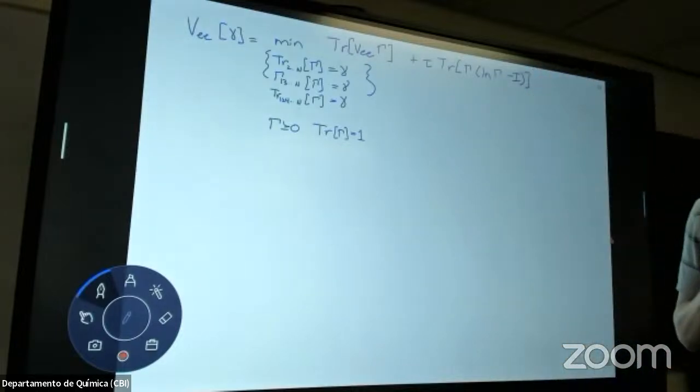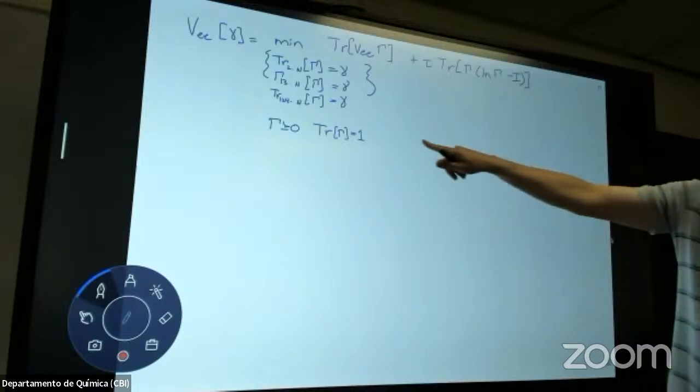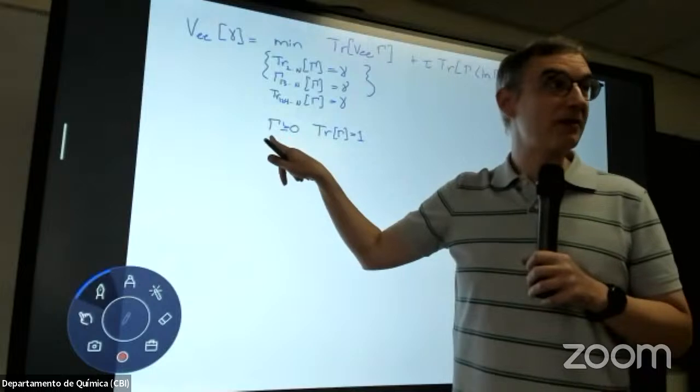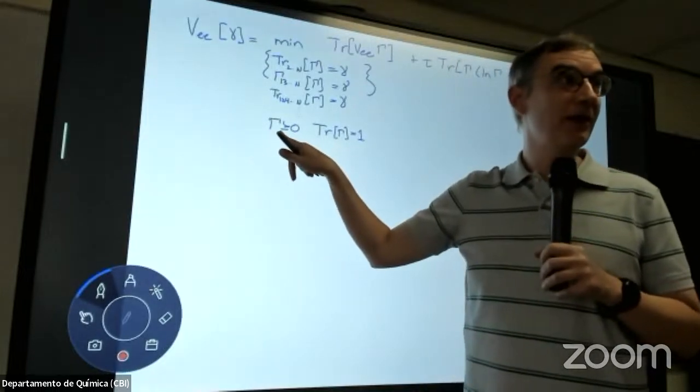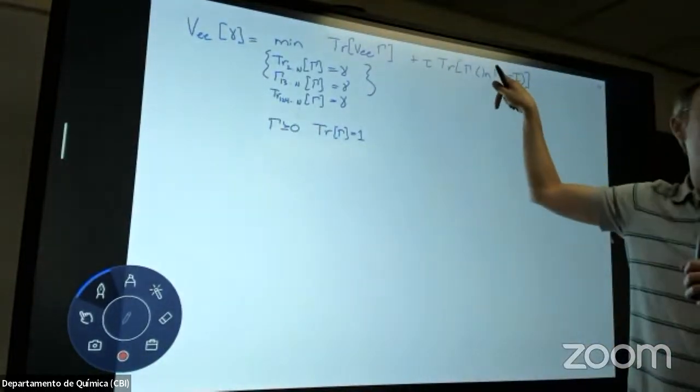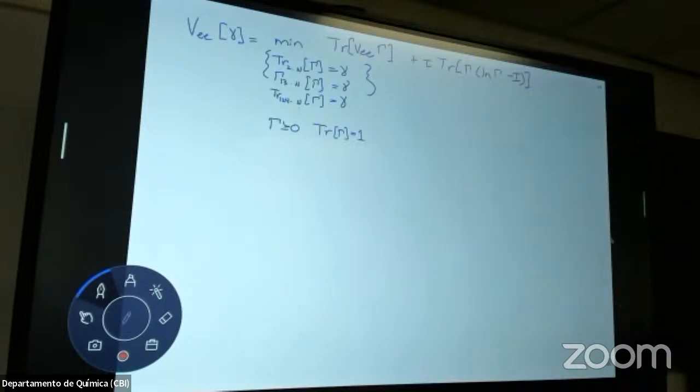Okay. This is fine. Now, why did I choose this one? I could have chosen anything I wanted to regularize this, right? But this is beautiful because one of my constraints was that this is positive semi-definite, right? And log of gamma, right, is only defined when gamma is positive semi-definite. In fact, only when it's positive definite, right? Otherwise, this thing blows up.